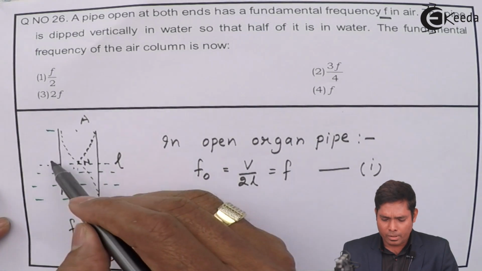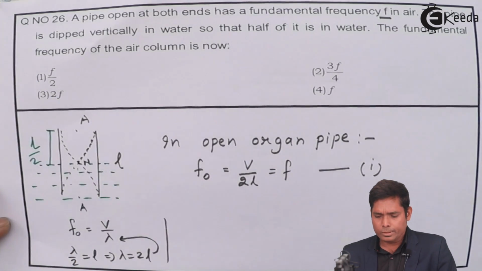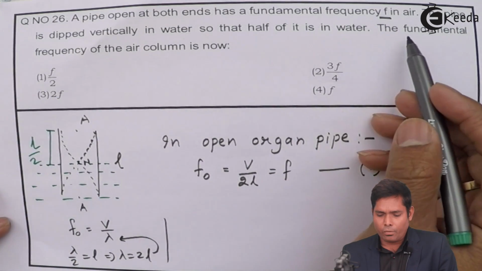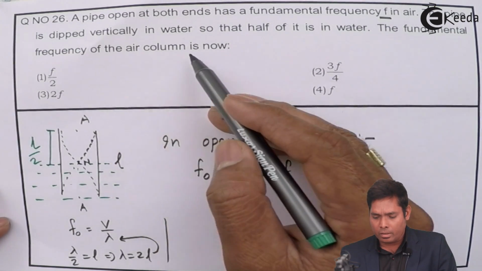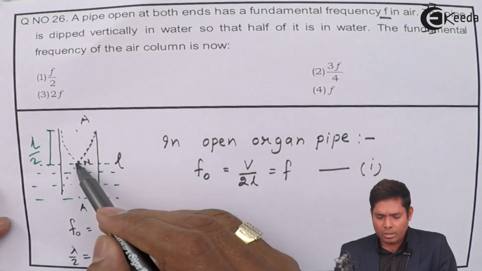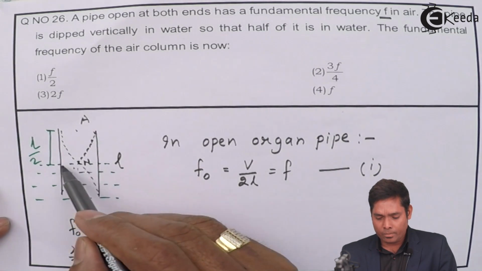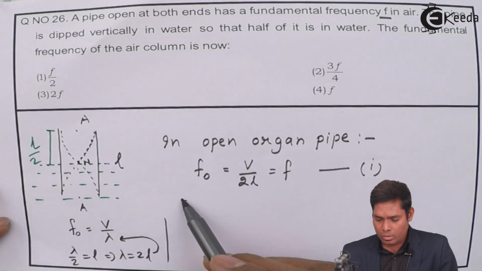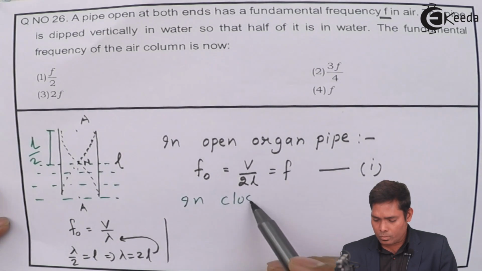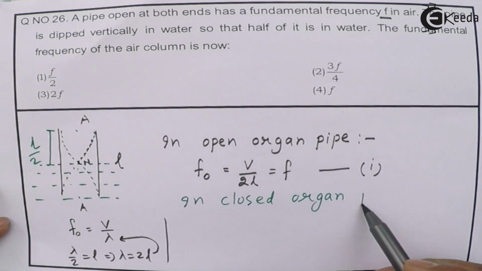So this length will be L by 2. The fundamental frequency of the air column is now, because of water, this behaves like a closed end. So this is an example of a closed organ pipe.